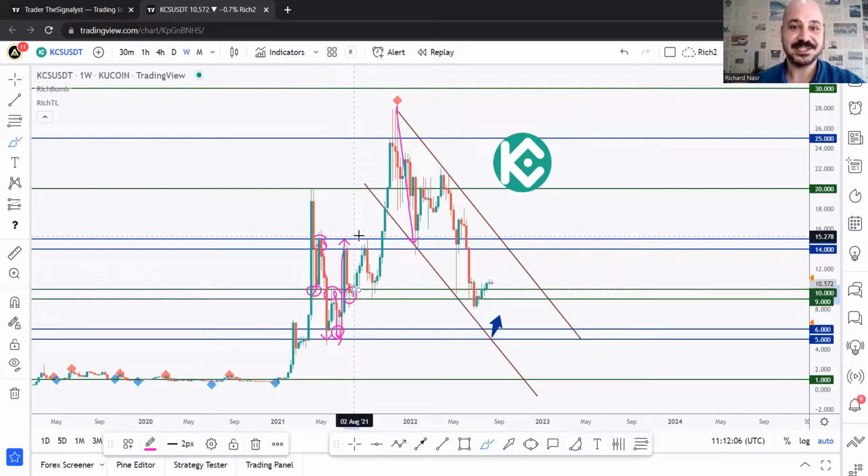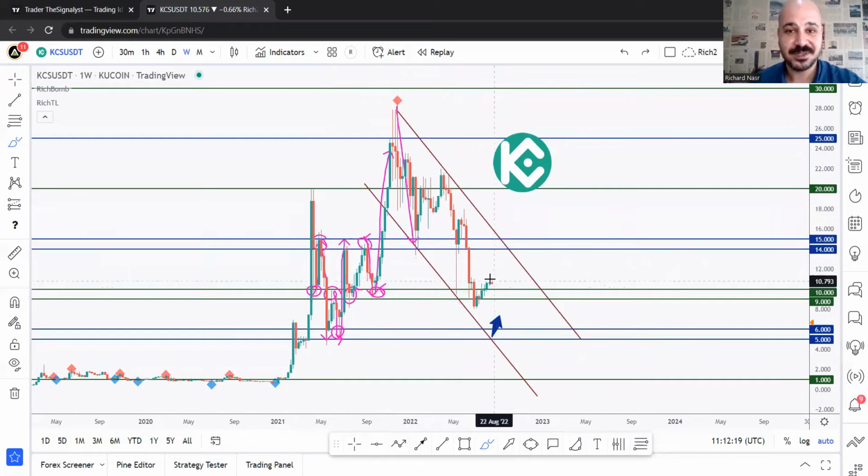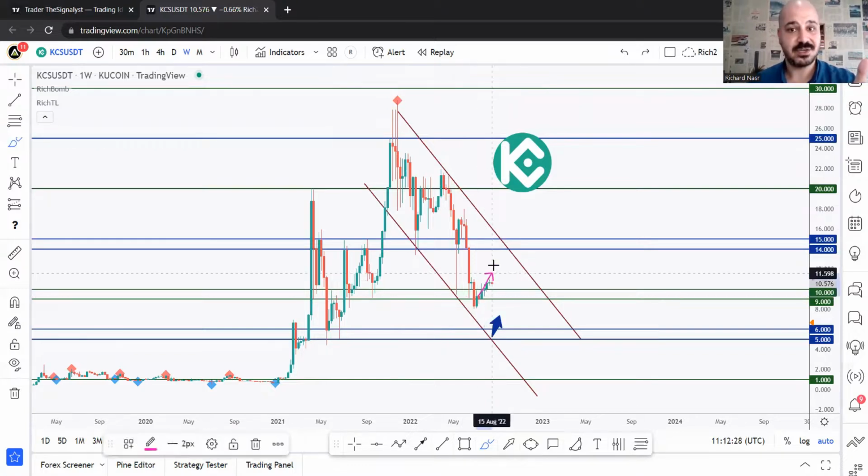As support. Rejected the 15 resistance, traded lower, rejected the 10, broke it upward, now the 15 is acting as a support. Support again, broke it downward, now acting as a resistance. That's the power of starting from higher time frames, because now, just by monitoring price action and support and resistance, we know that we are in a correction phase going higher.